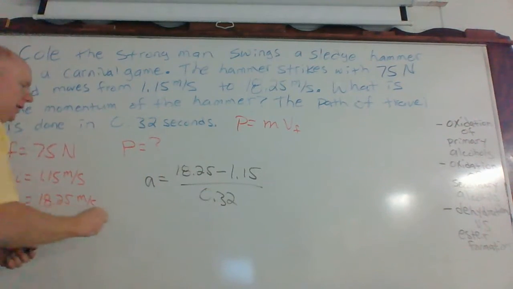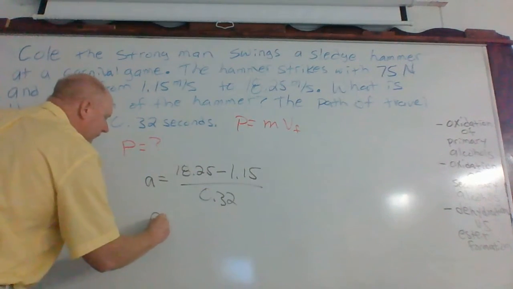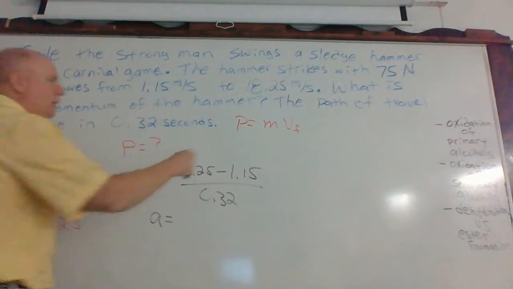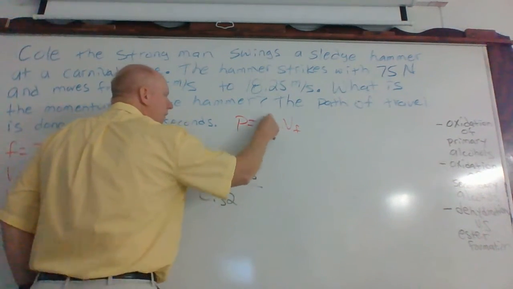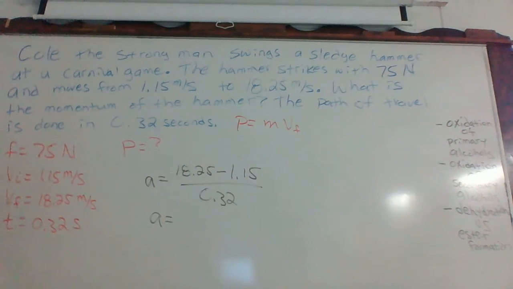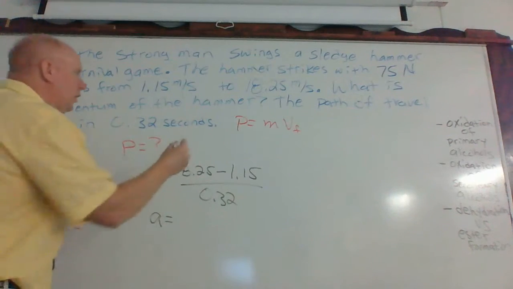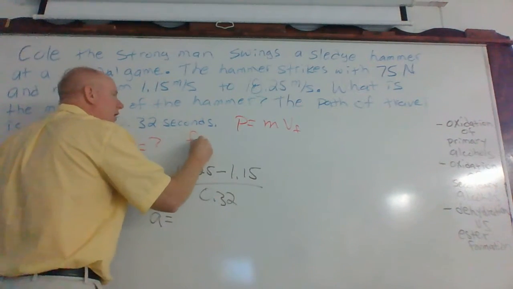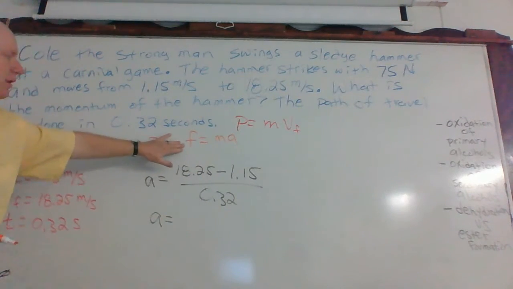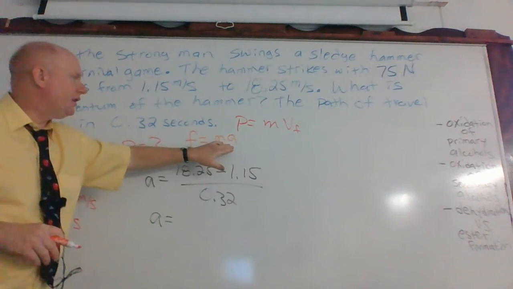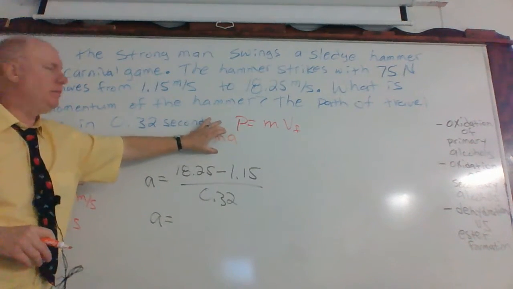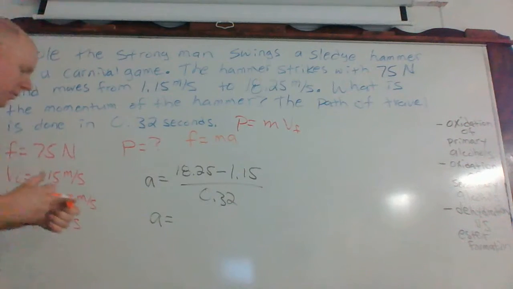So now we can solve for acceleration. Because what we need to do is find the second variable, mass, and we can't do that directly. Let me backtrack a little bit. We know that force equals mass times acceleration. We have the force. We can solve for the acceleration, and then we can solve for the mass, and then plug that into this formula.